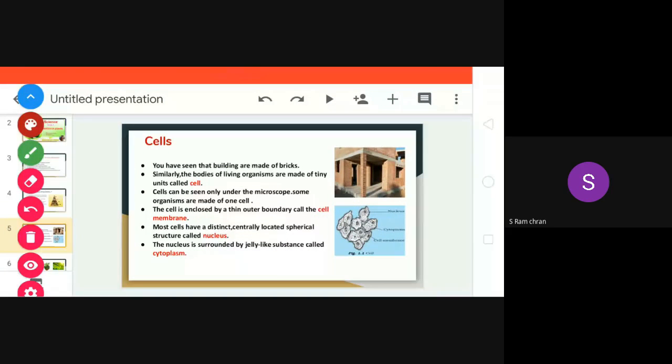Like our house is made of small units called bricks, similarly our body is made of tiny units called cells. Those tiny units together form our body. Did you get my point?